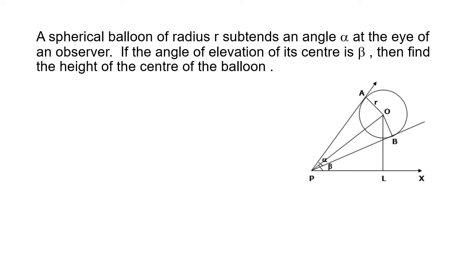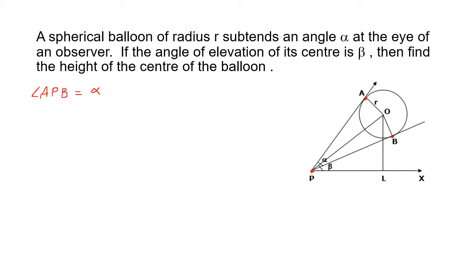From the point P, we see one end of the balloon at A and the other end of the balloon at B, and the angle formed between them is angle APB. If you look at angle APB, the two ends of the balloon form an angle alpha. So angle APB equals alpha.